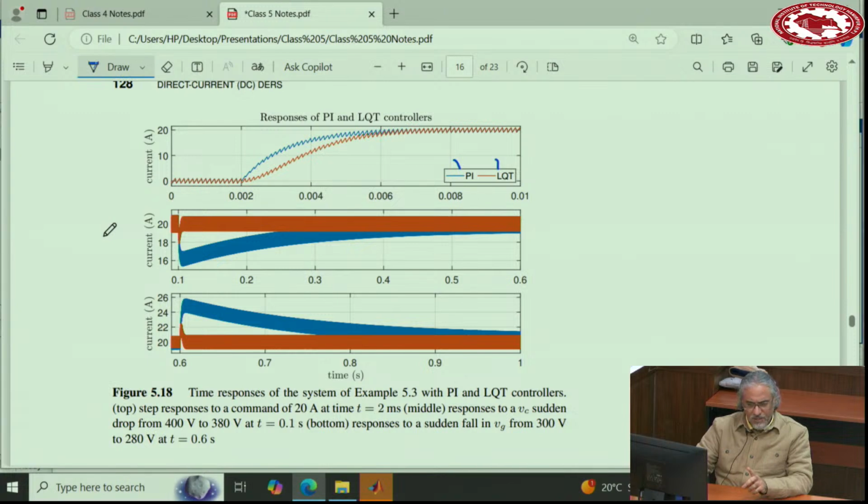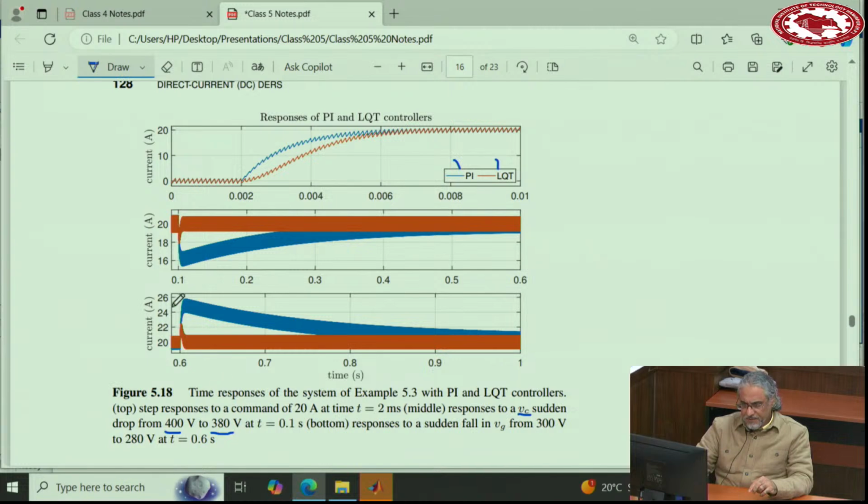Now apply two disturbances to this system. The disturbance in the middle is when the voltage on the left side, VA, you remember VA, suddenly drops from 400 to 380, 20 volts.